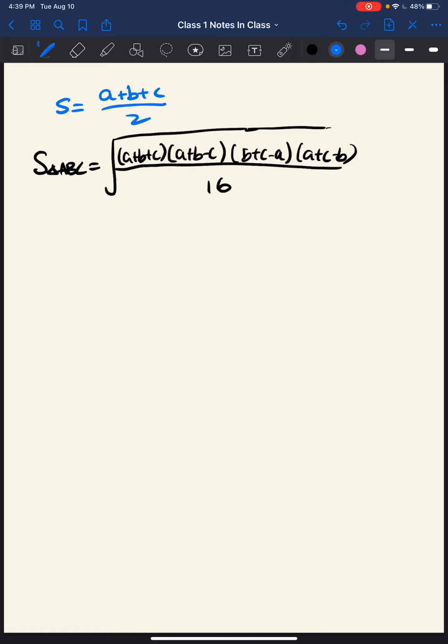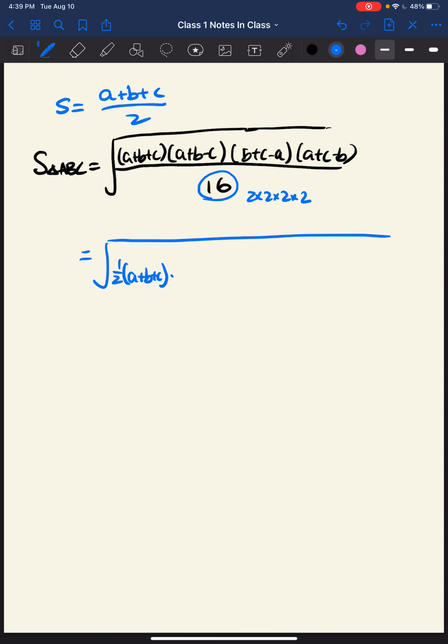Then we can see that if we group things together, 16 is 2 times 2 times 2 times 2, so we can group it as half a plus b plus c, times half a plus b minus c, times half b plus c minus a, times half a plus c minus b.